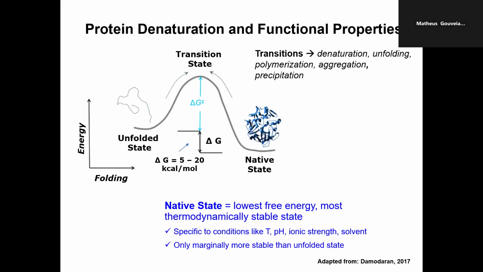Okay, so this is just an illustration of how the transition happens. You have native, you go through that transition when your entropy is increasing and you're breaking bonds, and then you get an unfolded state. But after that, we don't just stay at unfolding.